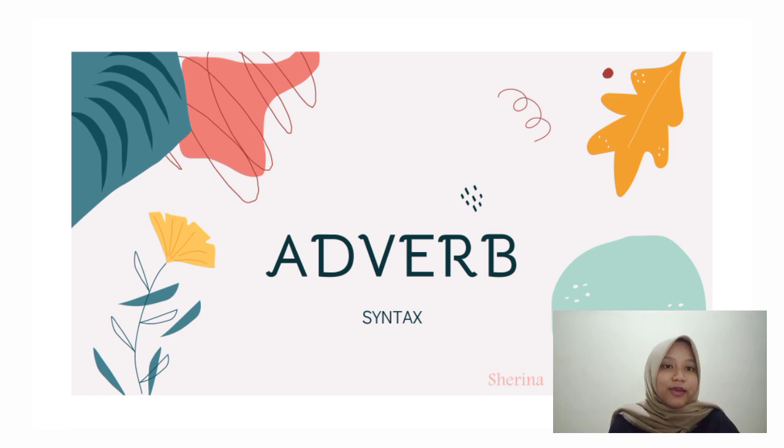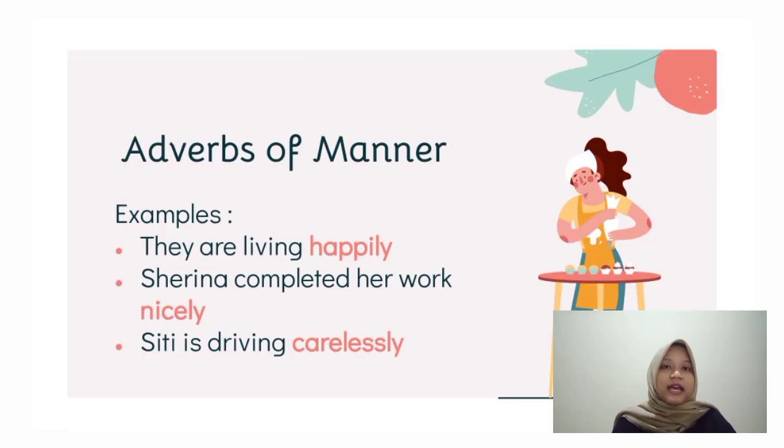And here we have some kinds of adverbs. The first one is adverb of manner. This adverb describes the manner of an action or the way of the occurrence of an action.